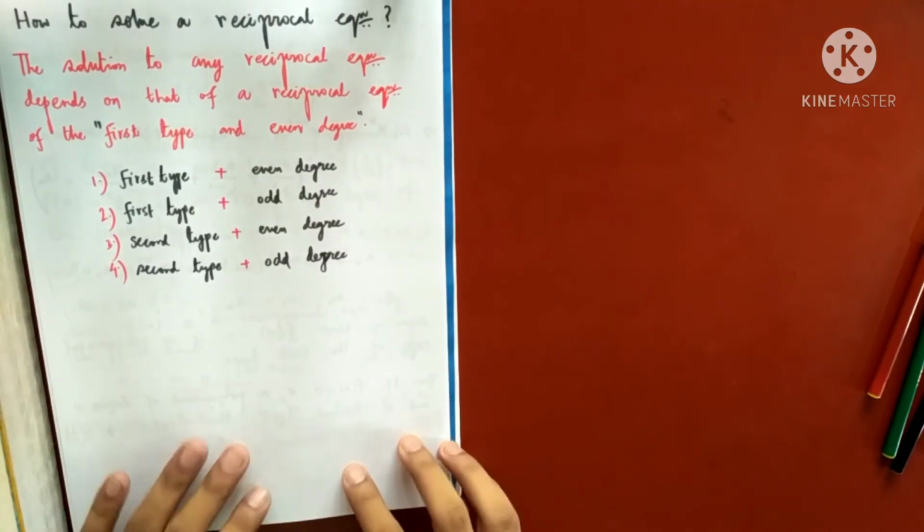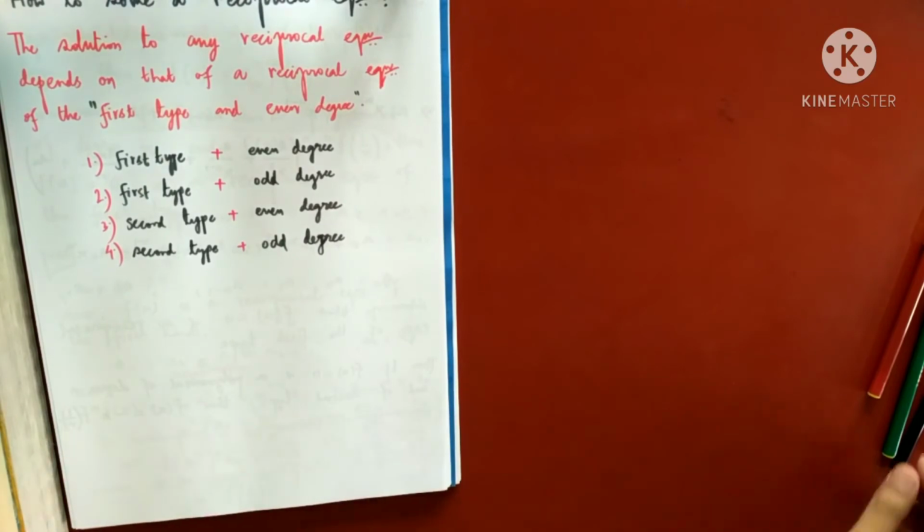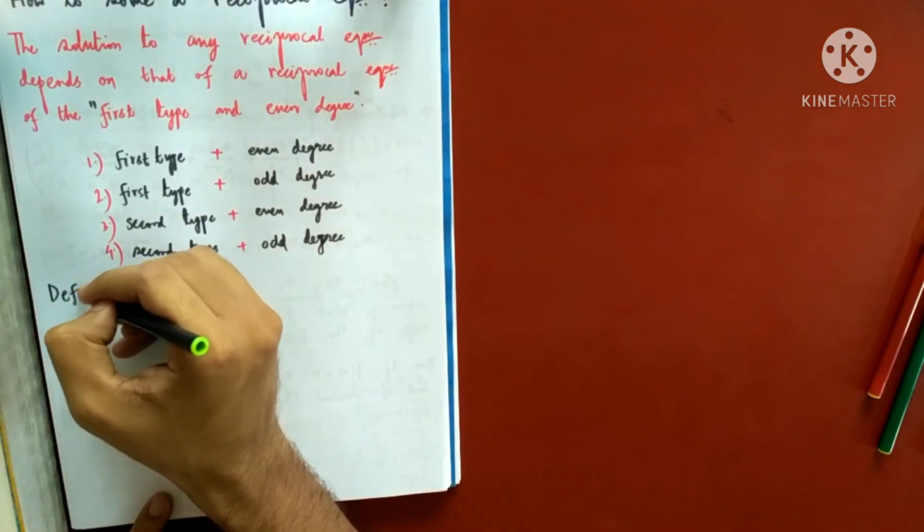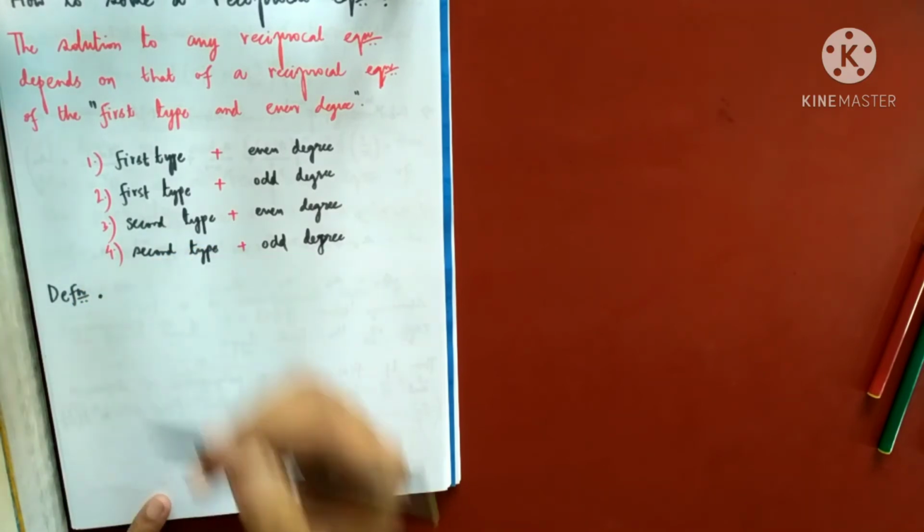So this motivates the following definition. What is the definition? When will a reciprocal equation be said to be in the standard form?